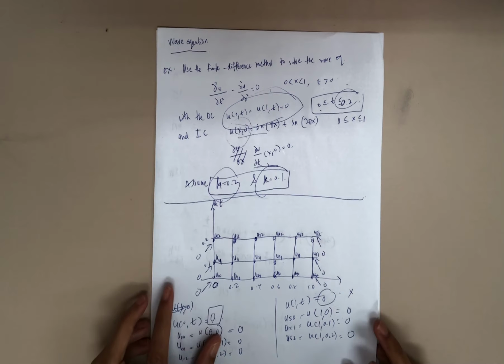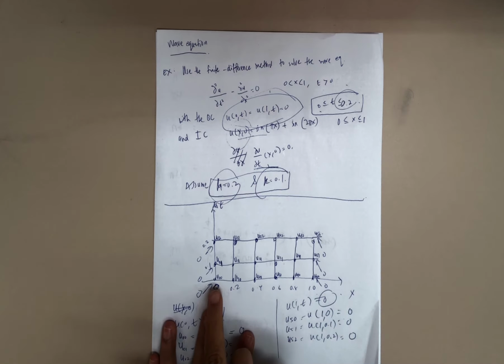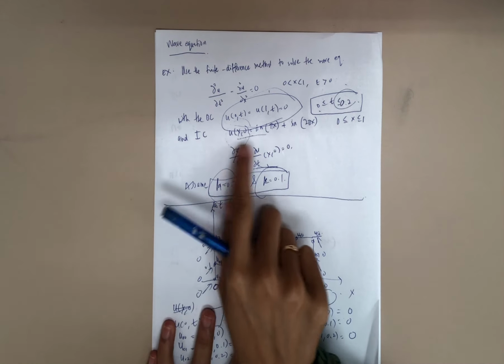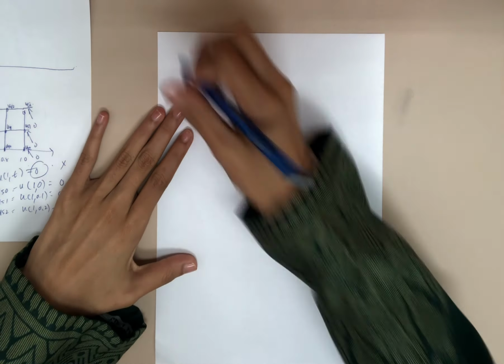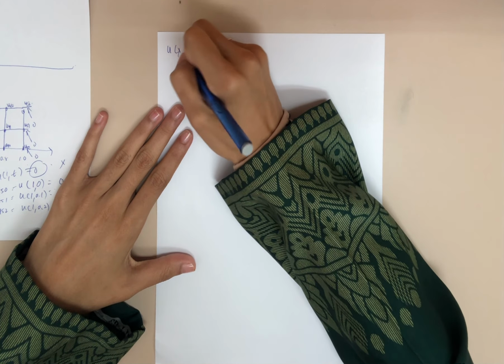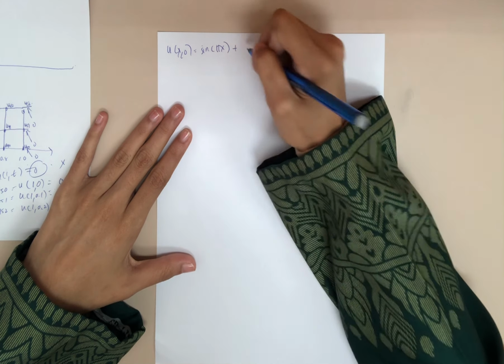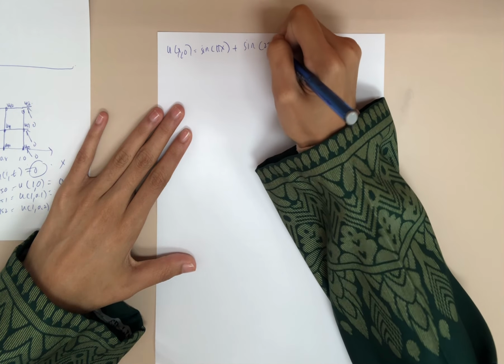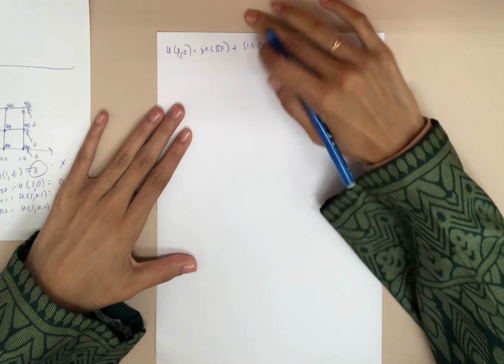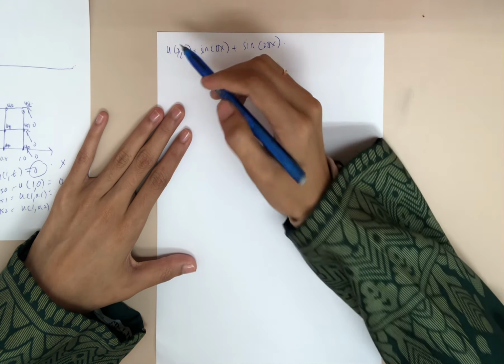Now we want to use this IC block. The first IC is u at t equal to 0 is sine pi x plus sine 2 pi x. So what does this mean?